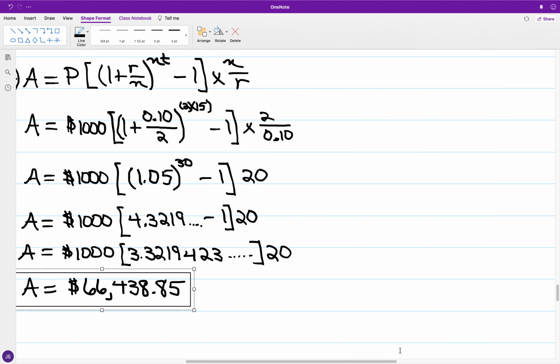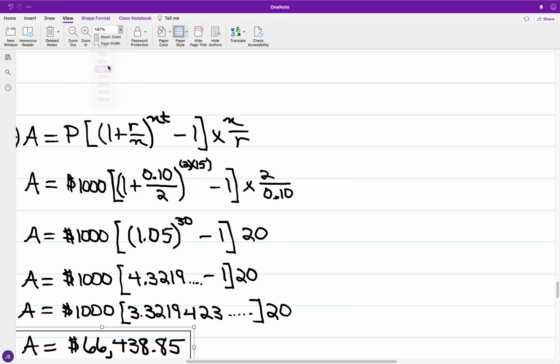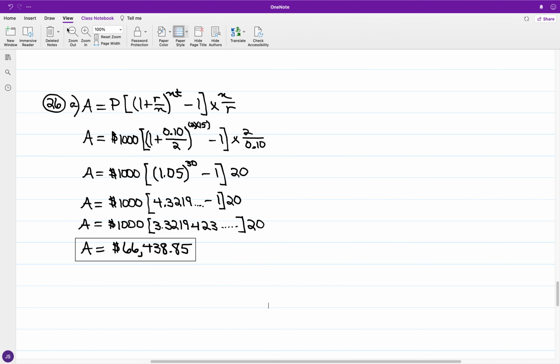All right. Now, in the case of what we have for part B, it's the same scenario, but where Ray is investing at the start of each 6-month cycle.